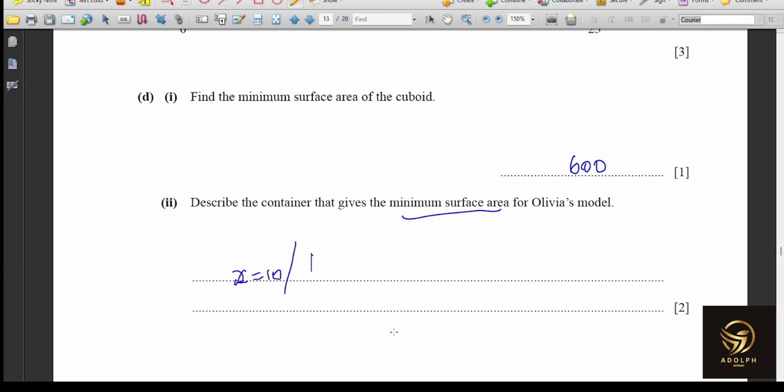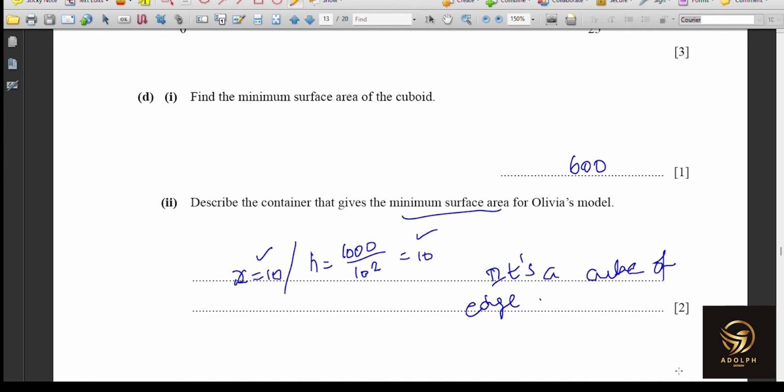If the x value is 10, we have h equals 1000 divided by x². x is 10, because just now we got it from the GDC, so 10². 1000 divided by 10² gives 10. So x is 10, h is also 10. So every side has an edge length of 10, so it's not a cuboid, it's a cube of edge 10.